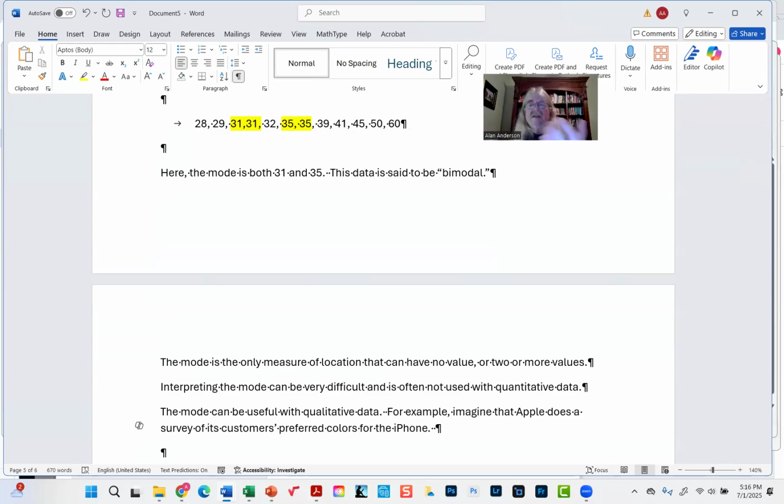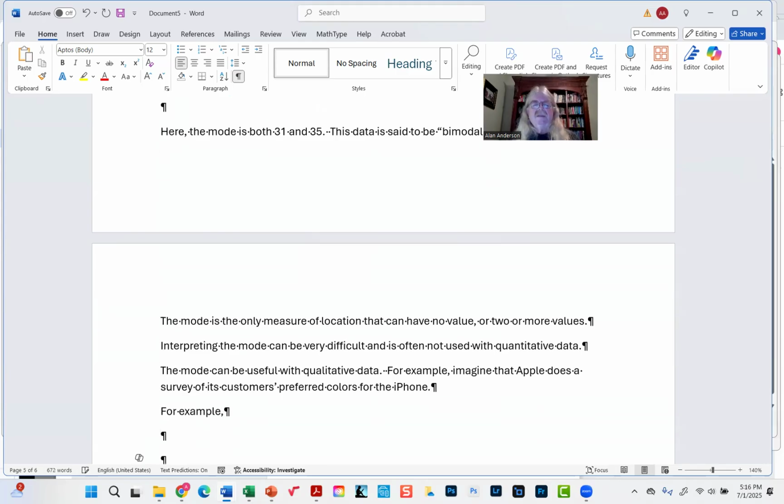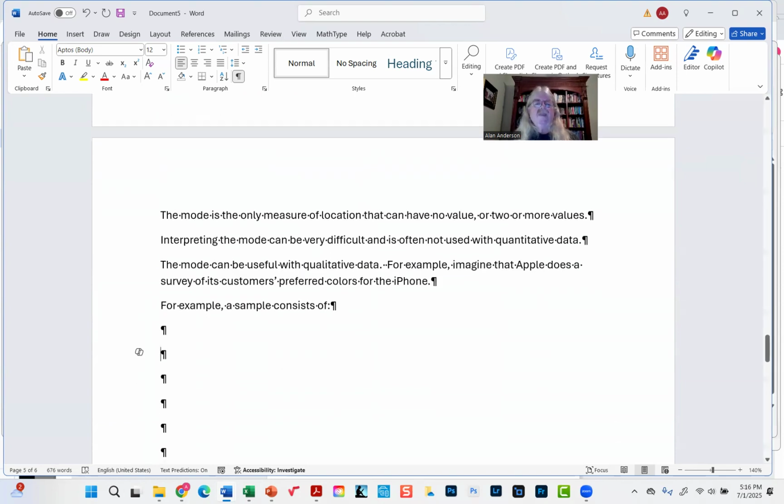So they'll gather up all the information and you'll have a sample consisting of black, red, black, gold, silver, black, black, and then blue, let's say.